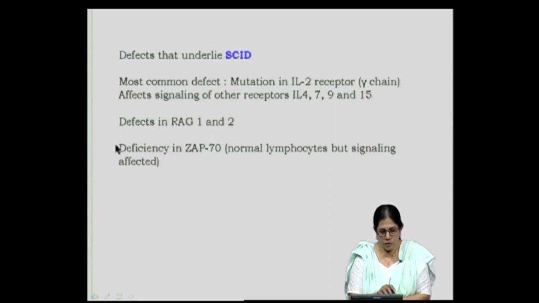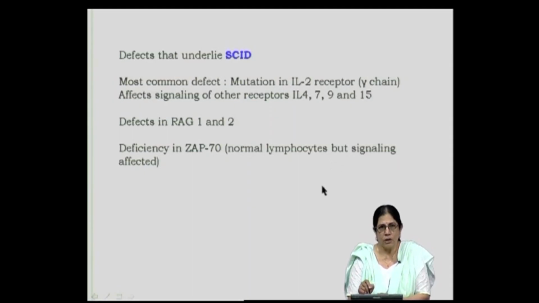Now, there are also mutations of ZAP70, and this is one of the common ones, and therefore I am describing these to you. ZAP70 is a Syk family kinase which is required for signaling. Deficiencies in the gene for ZAP70 would result in lack of signaling in otherwise normal lymphocytes.